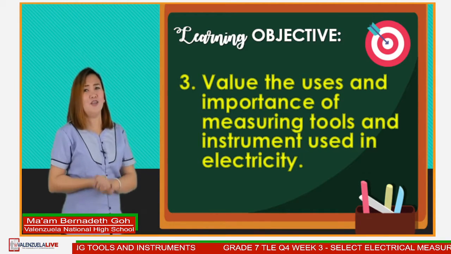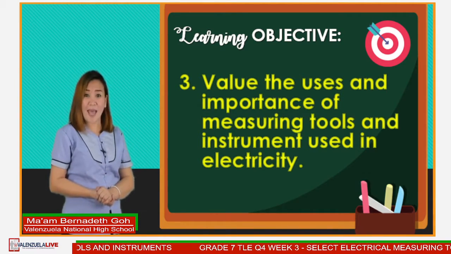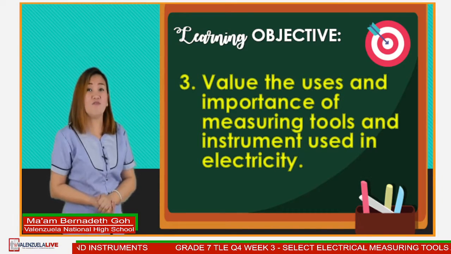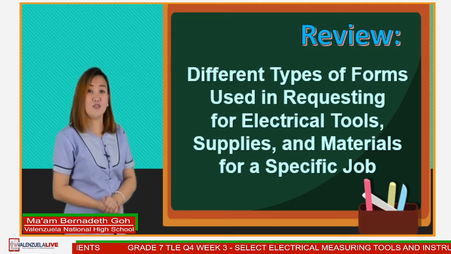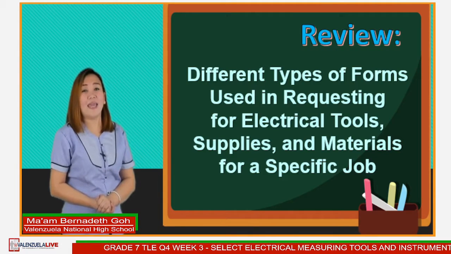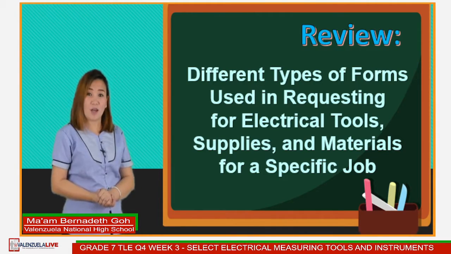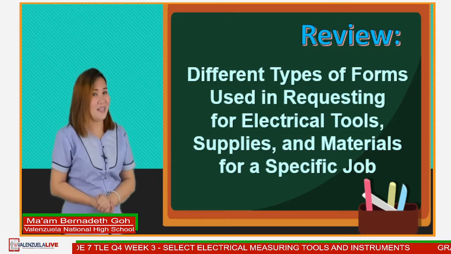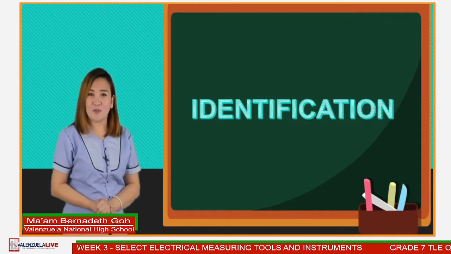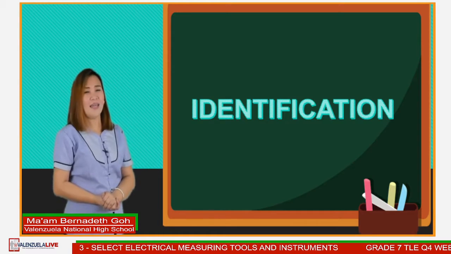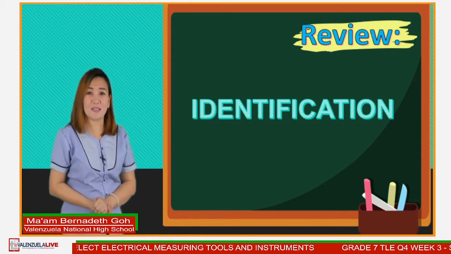Last time, your discussion with Ma'am Jack was about different forms used in requesting electrical tools, supplies, and materials for a specific job. Let's find out if you have still remembered those forms. Identify the word being described.